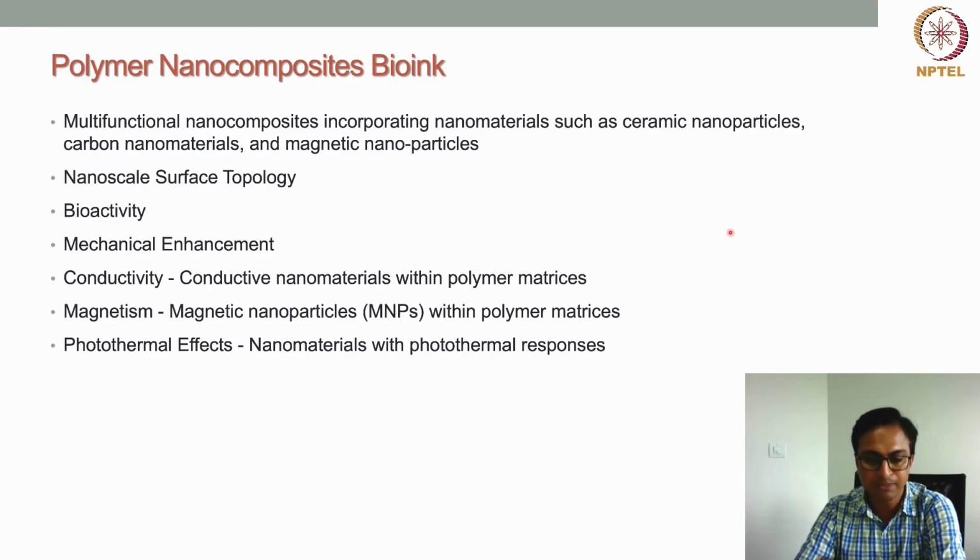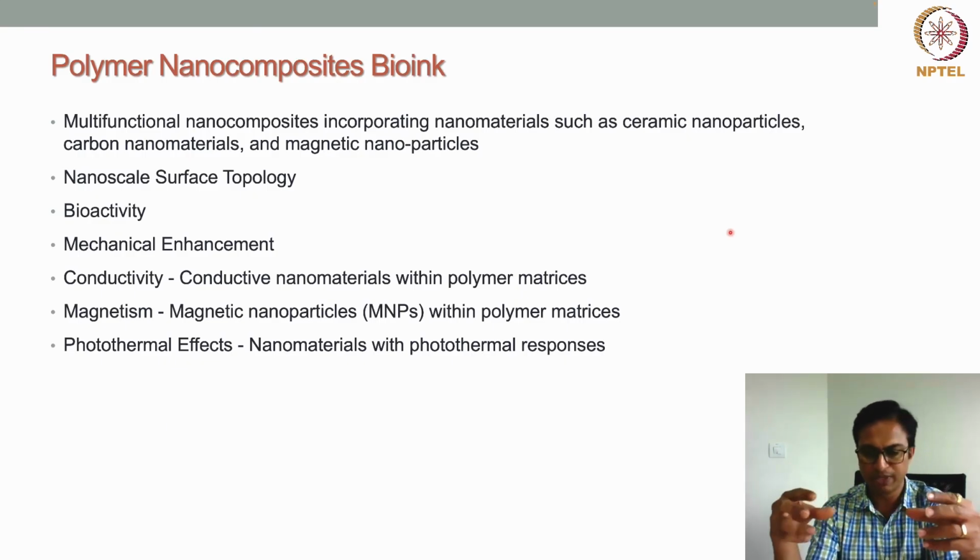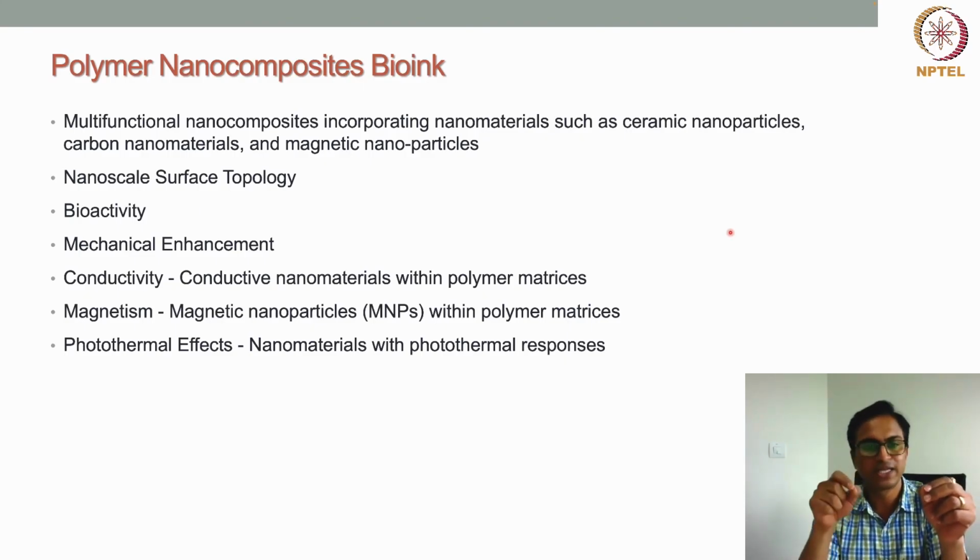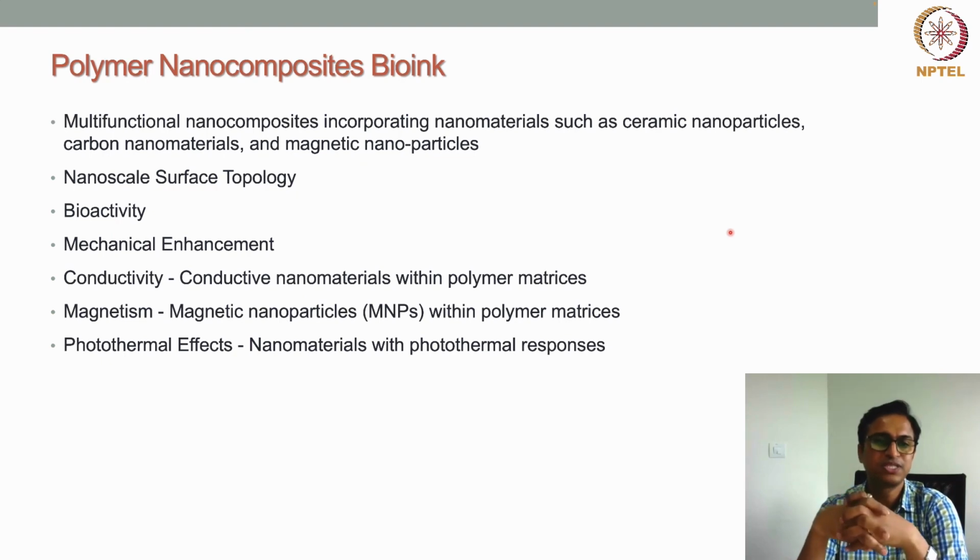Suppose we have a hydrogel biomaterial, a bioink, by which we can make structures. And if we also incorporate nanoparticles or nanomaterials, those nanomaterials can improve the surface topology.